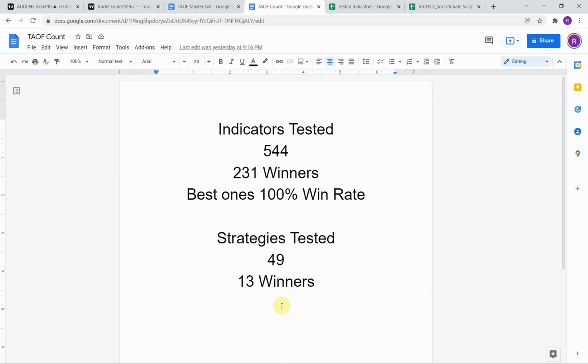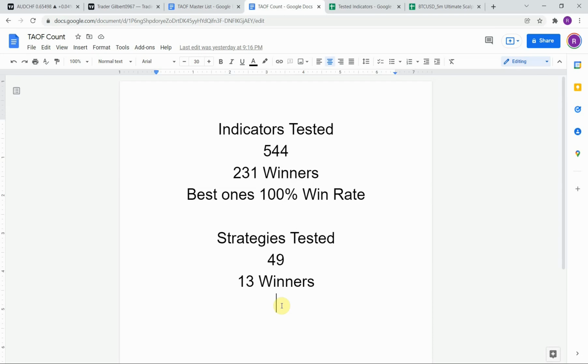We've also tested a total of 544 indicators, with 231 of them being winners. The best ones so far were able to achieve a 100% win rate. Now you need to go back and watch those videos to understand the context of how they were able to achieve that. So go back and watch those videos and see what you can get out of those winning indicators.